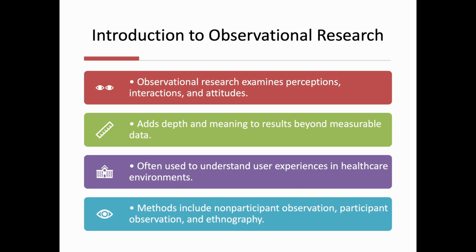Determine how to record and collect data for each observational research type. Conduct the constant comparative method for analyzing qualitative data. Discuss which types of observational research are most appropriate for health informatics.